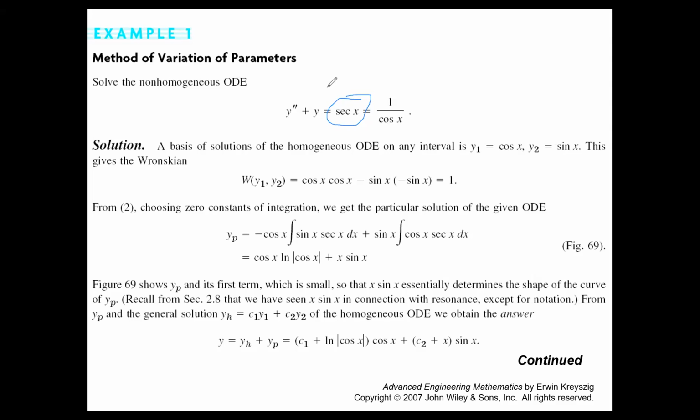Let's try. Do we have Muhammad Bintang Setia Abimanyu with us? Yes, sir. Okay, Muhammad Bintang, what will be the yh? Maybe I will simplify the question. What will be the characteristic equation you can suggest from this?